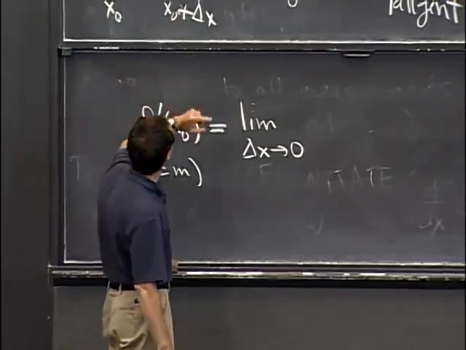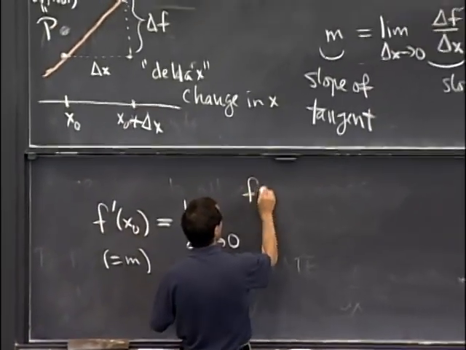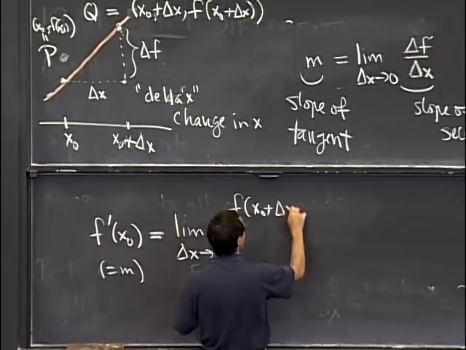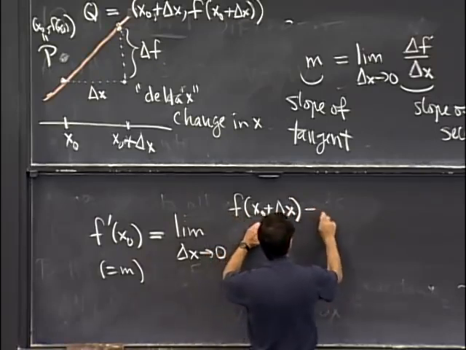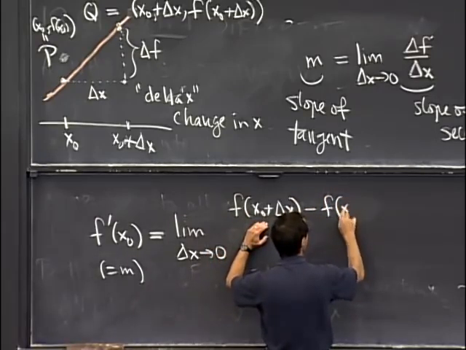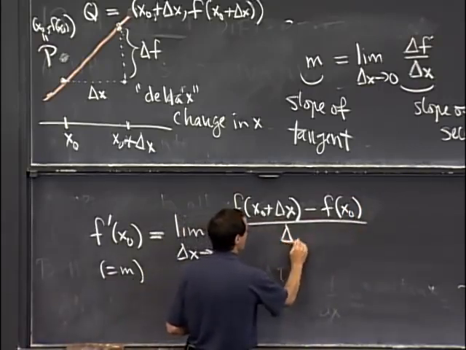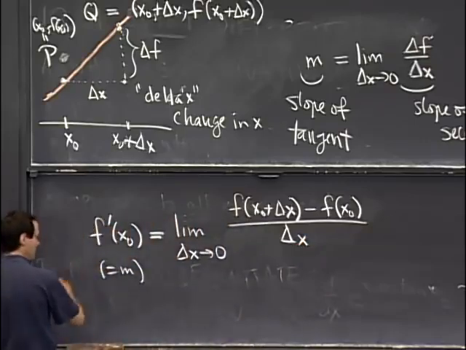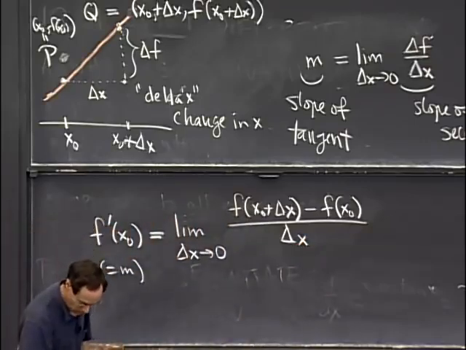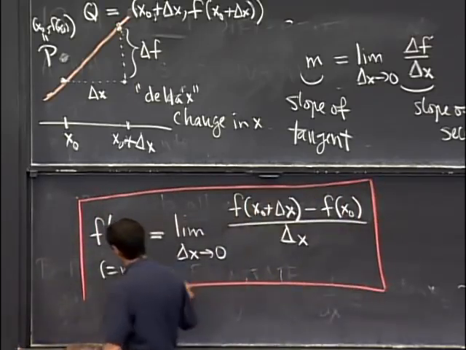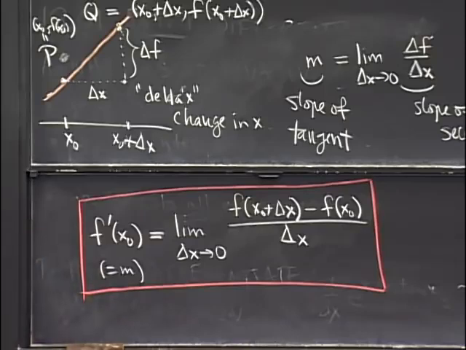Well, the change in f is the value of f at the upper point here, which is x0 plus delta x, minus its value at the lower point P, which is f of x0, divided by delta x. All right, so this is the formula. I'm going to put this in a little box because this is by far the most important formula today, which we use to derive pretty much everything else. And this is the way that we're going to be able to compute these numbers.